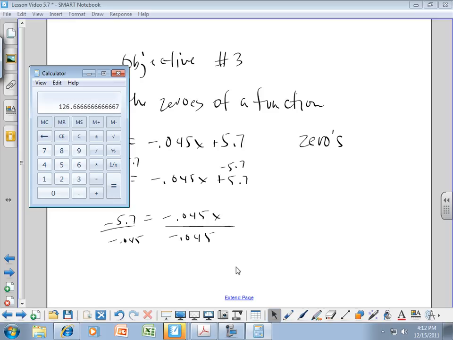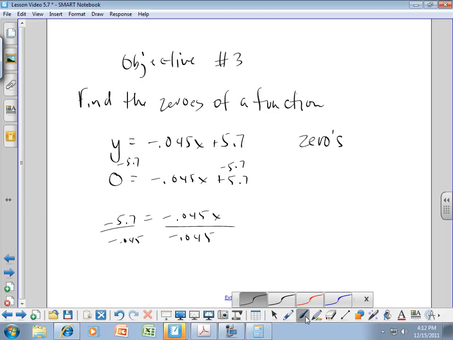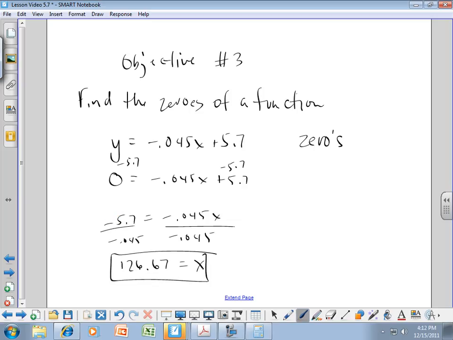It's 126.66, and maybe we should just round it. We'll round it to 2 decimal places, all right? So 126.67. Is it going to be positive or negative? There's a lot of negative signs there. Oh yeah, negative divided by negative is a positive. So the zero of that function is 126.67.